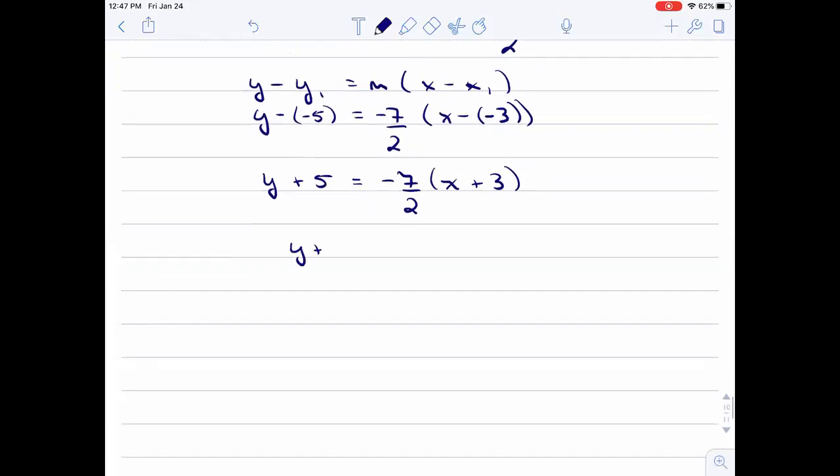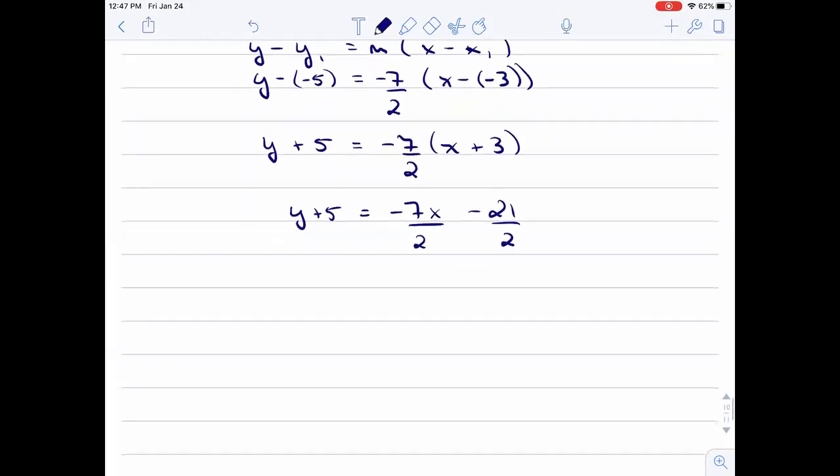So y plus 5 is -7x/2 minus 21/2. -7 times 3 is -21, and then over 2. And then I get y, moving that 5 over, I have to subtract 5 from both sides: -7x over 2 minus 21 over 2 minus 5.